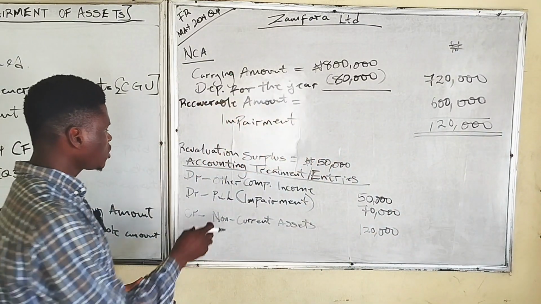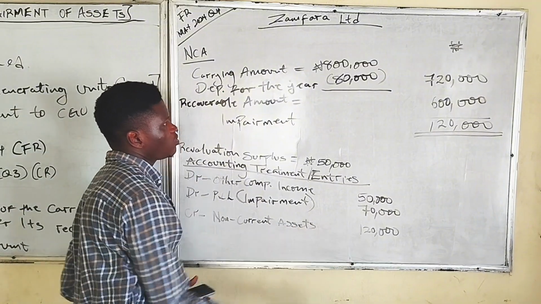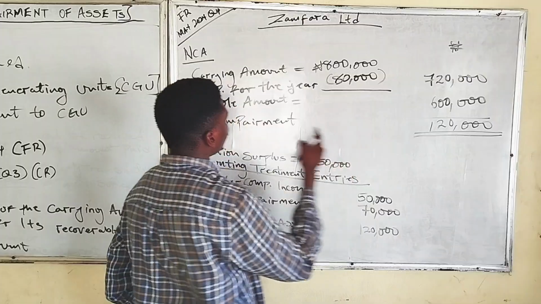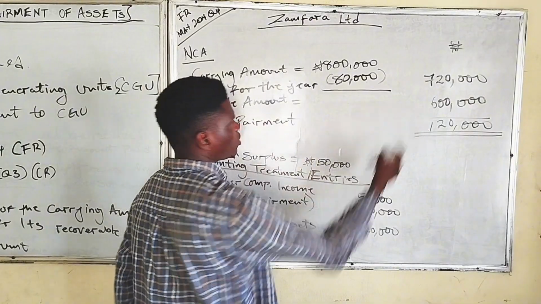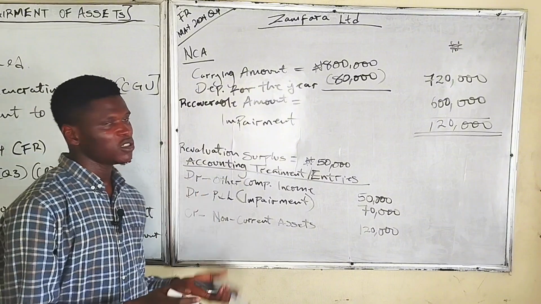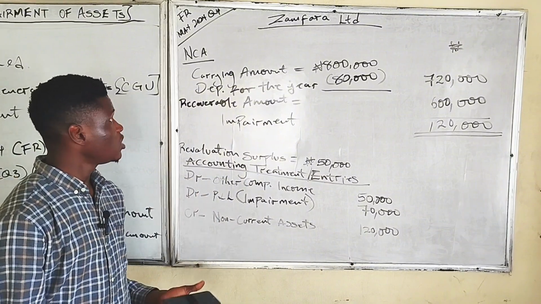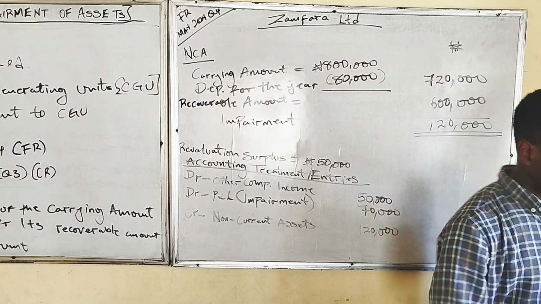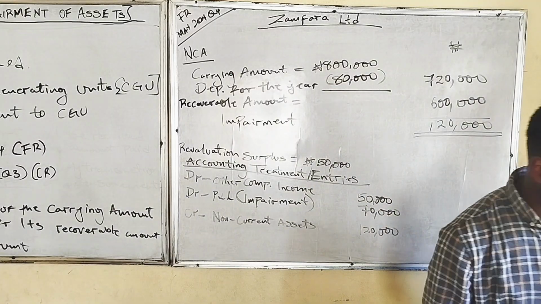If we credit non-current assets with 120,000, it means we'll deduct 120,000 from this 720,000. We'll have the same amount as the recoverable amount, which is 600,000. So that's just passing the entry, and that's all about the question. It's a 20 marks question, which is very simple. So we'll proceed to the next one.